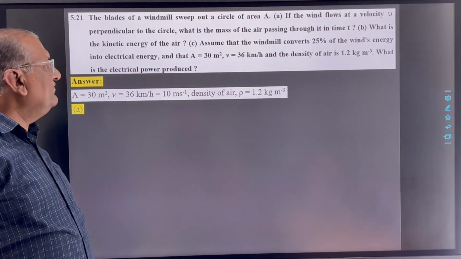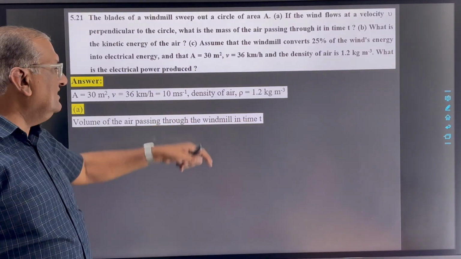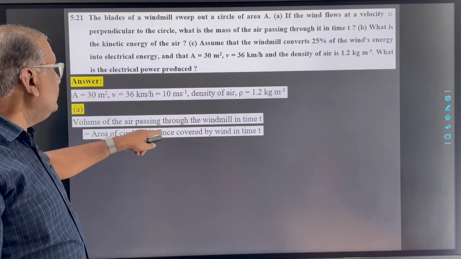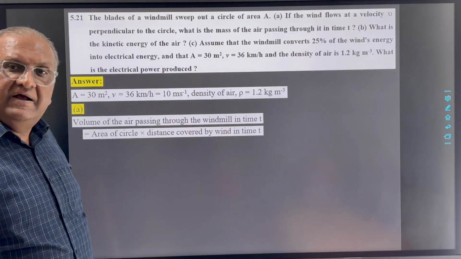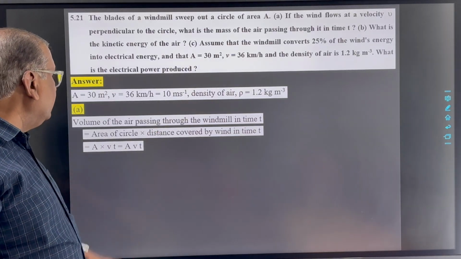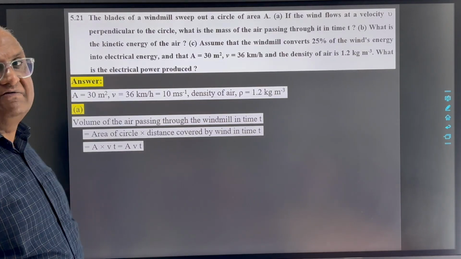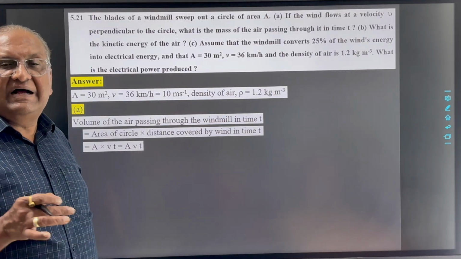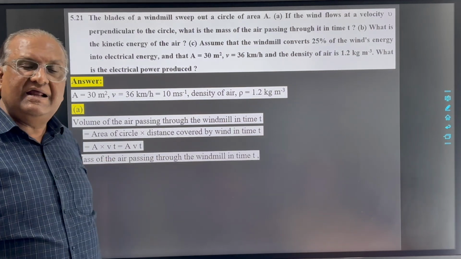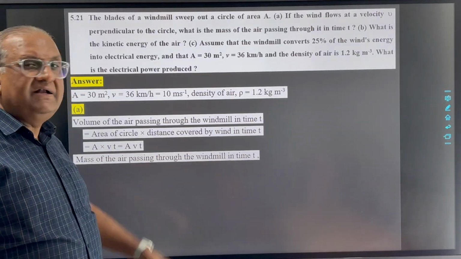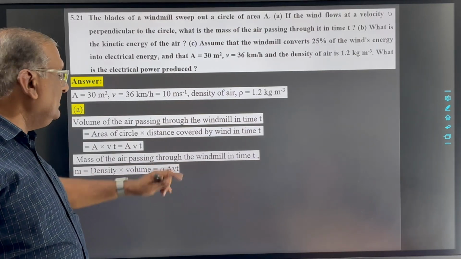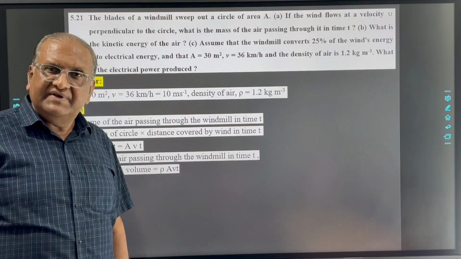So we can write here the volume of the air passing through the windmill in time t, that is area of the circle into distance covered by the wind in time t. Area of the circle, that is A, distance covered, that is vt, so that is A v into t. This is the volume. Now density, that is mass upon volume, so mass, that is density into volume. So mass of the air passing through the windmill in time t, that is m equal to density into volume, so density into A v t. Clear?